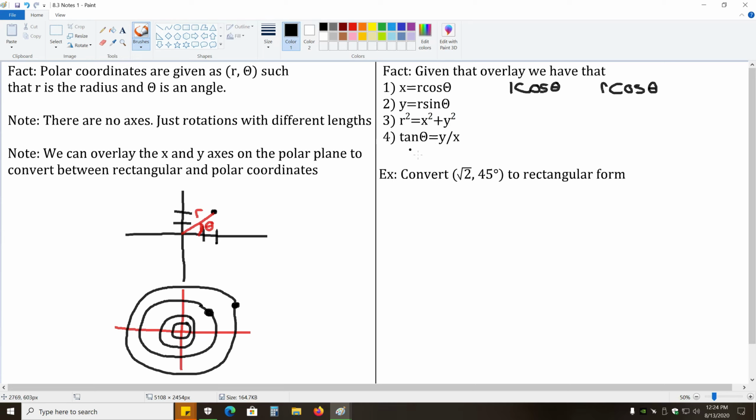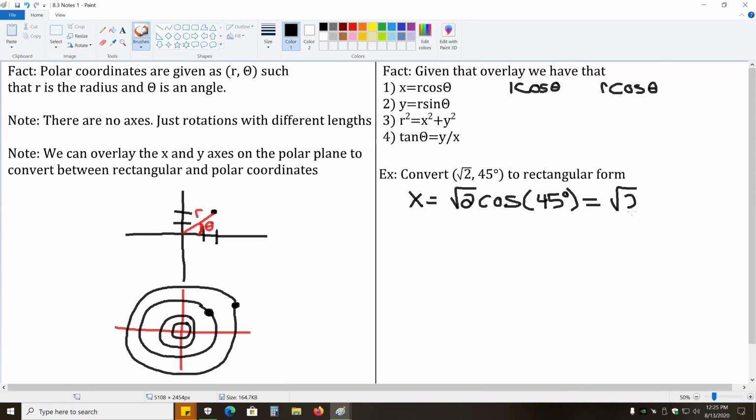So now that we have all of our conversions, let's go ahead and try this out. We want to convert the square root of 2, 45 degrees to rectangular form. So we can start with x equals r cosine theta, so it equals the square root of 2 times cosine of 45 degrees.